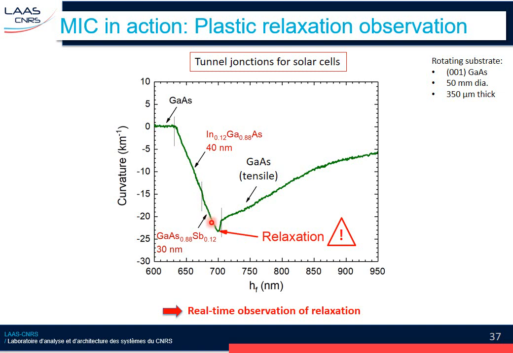Another layer with 12% antimony, so also another constant slope. But before the end of the antimony layer, you got this change in the slope, which comes from the plastic relaxation. Another hint that this is plastic relaxation is that when we now grow gallium arsenide on top of these layers, gallium arsenide is in tensile stress.